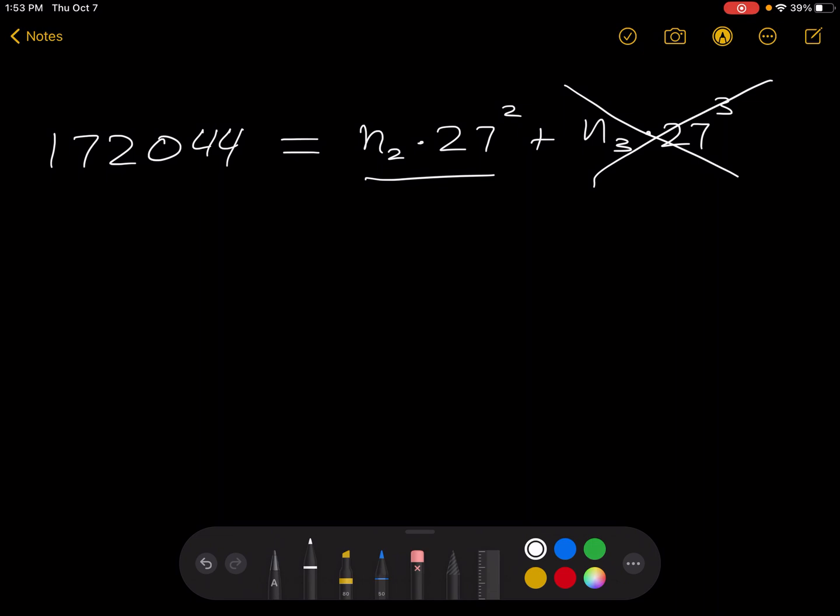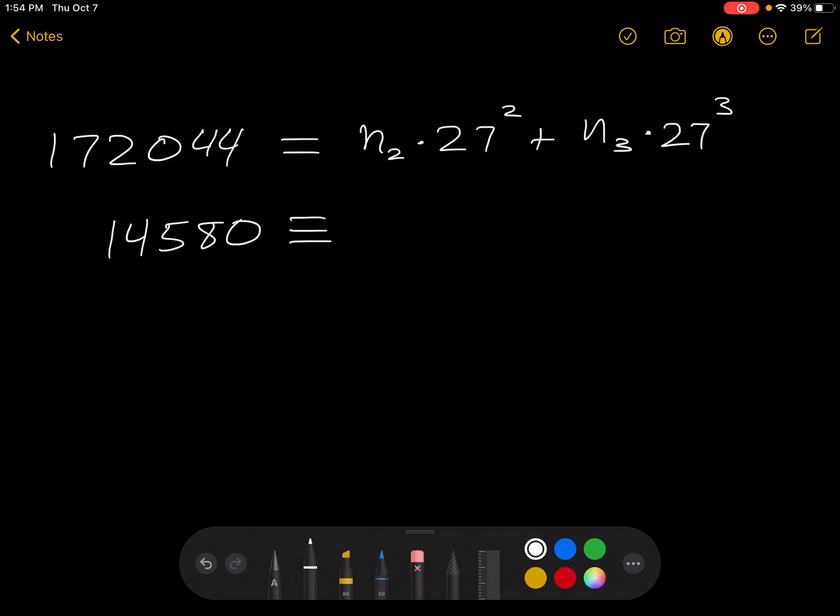This becomes 0 or goes away because 27 cubed is congruent to 0 mod 27 cubed. And 172,044 divided by 27 cubed has a remainder of 14,580. So 14,580 is congruent to n2 times 27 squared mod 27 cubed.